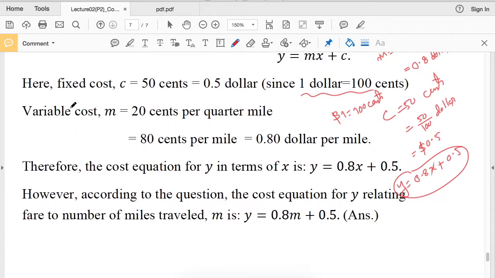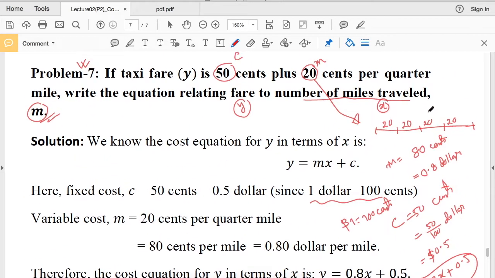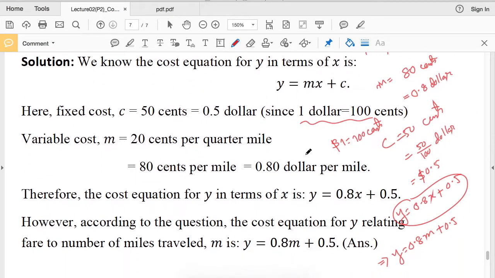But in this result, we denote the number of miles traveled by x. So according to this question, your answer will be y equals 0.8m plus 0.5. However, if your question ends here, that does not denote the number of miles traveled by m, then in that case this one will be your answer. But according to this question, this is your answer.